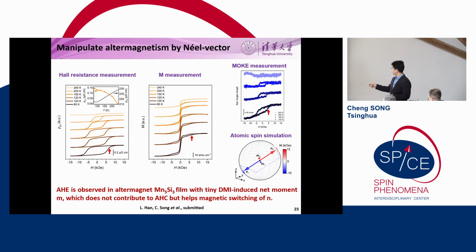The quite low coercivity here is from defects. The DMI-induced net moment can also be measured by MOKE measurements. We use atomic spin simulation and combine our results in the last slide. We can show that this DMI-induced net moment does not contribute to the anomalous Hall conductivity, but helps the switching of the Néel vector.